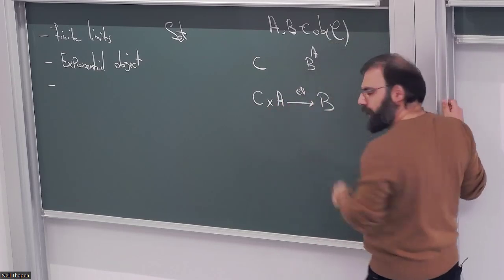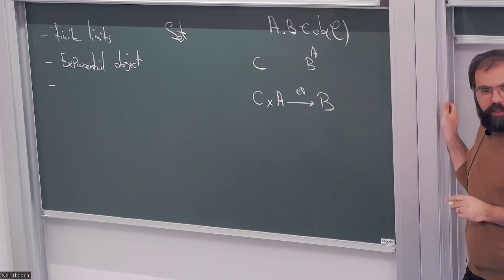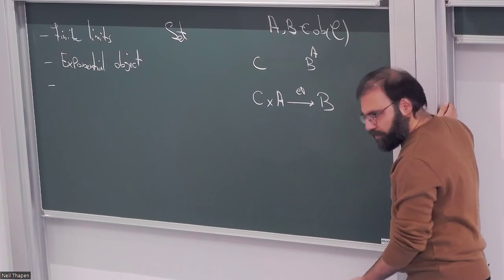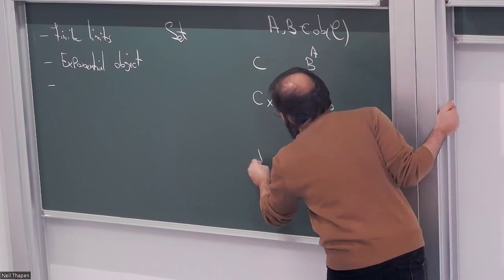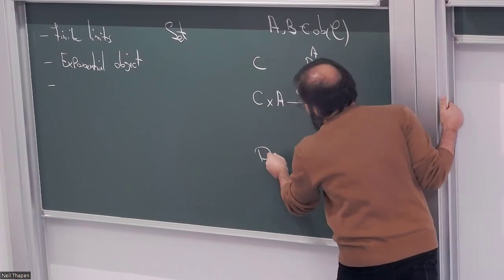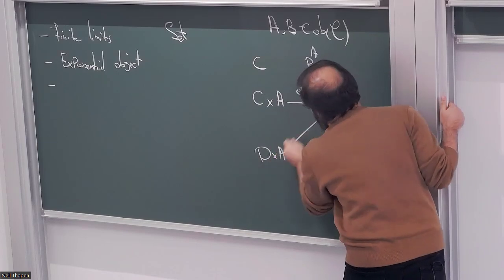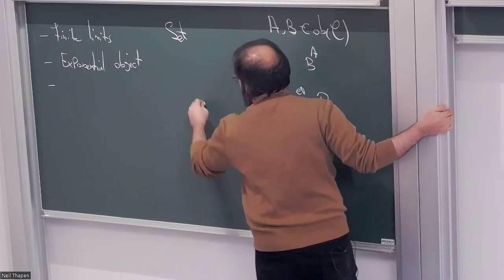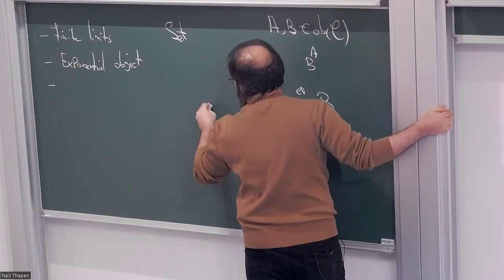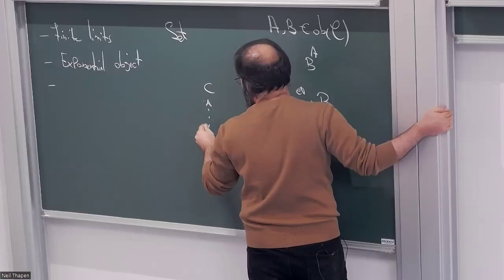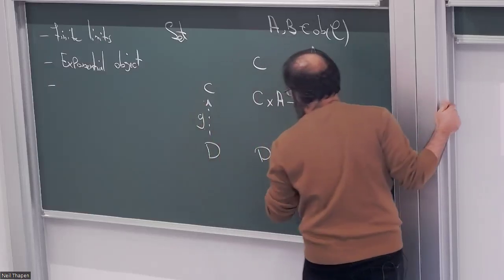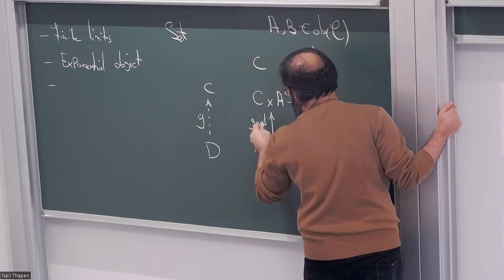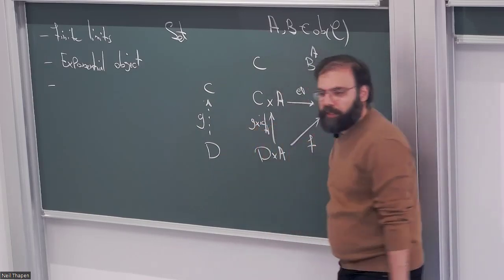The pair of C and the evaluation map is called the exponentiation if it is the best with this property, meaning that for any other D and any other map f, there exists a unique map from D to C, say g, such that this diagram is commutative, right?